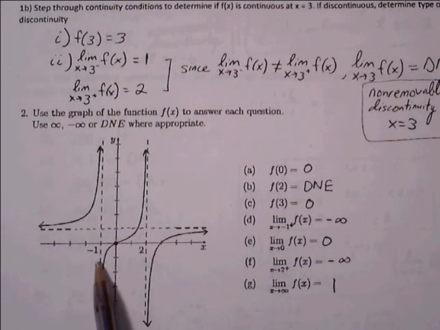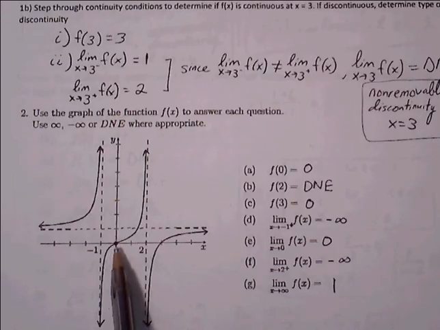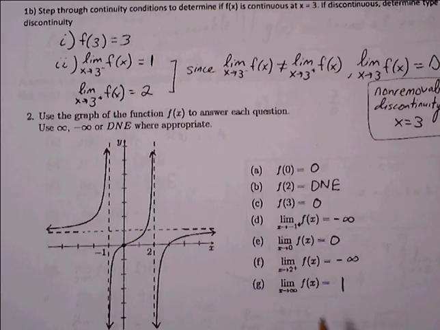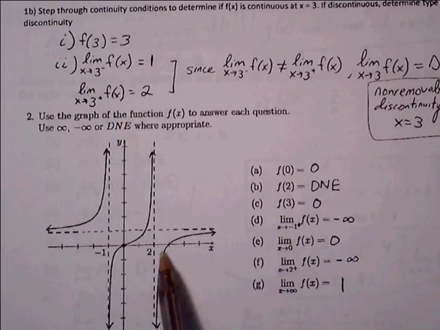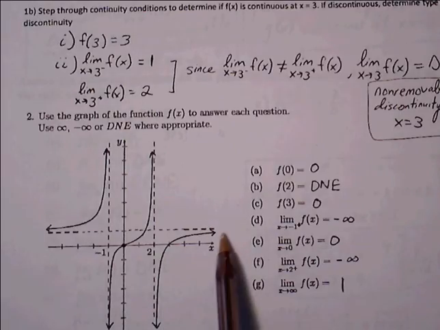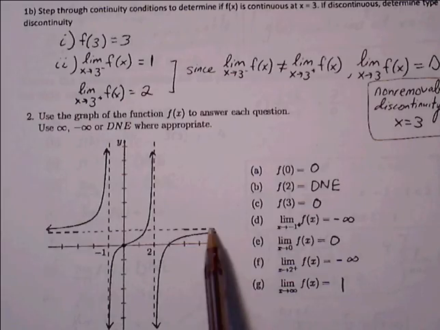If it connects through a point, the limit and the ordered pair will agree with each other. Okay, limit as x approaches 2 from the right side of 2. We're looking at the right branch. It's approaching infinity. As we approach positive infinity, following the graph to the right, we see the graph is leveling off at y equals 1.